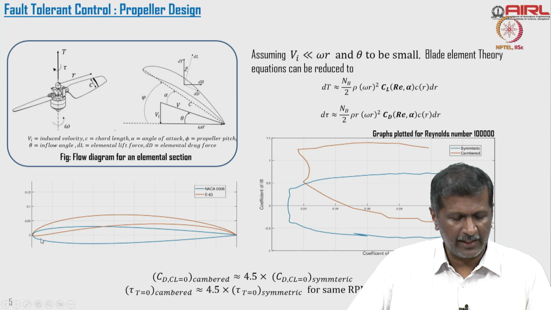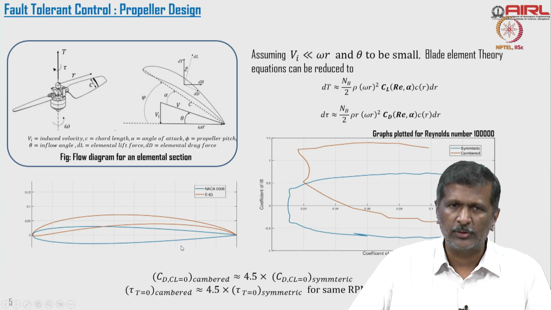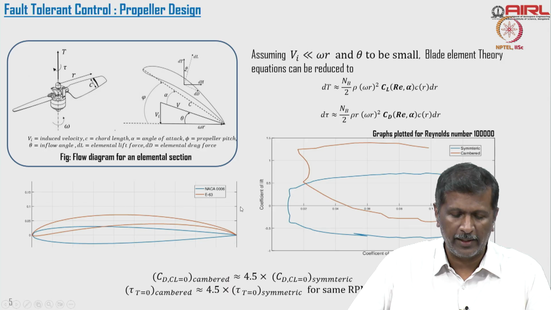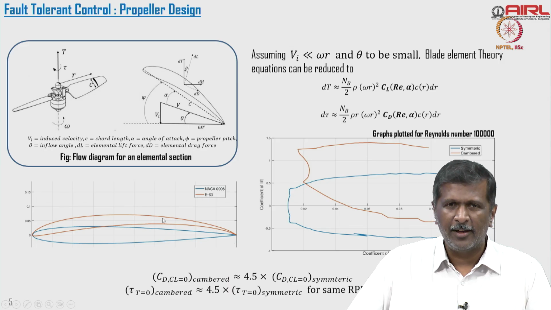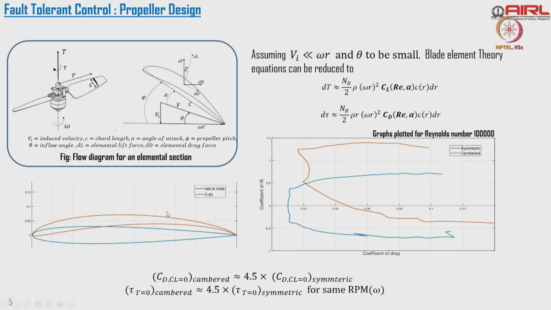What we want, if you take a symmetrical aerofoil, this blue one, which is the commonly used airfoil in propeller blades, they all use NACA 0006, right? But we wanted to use the E63 aerofoil, right? It's a cambered aerofoil.